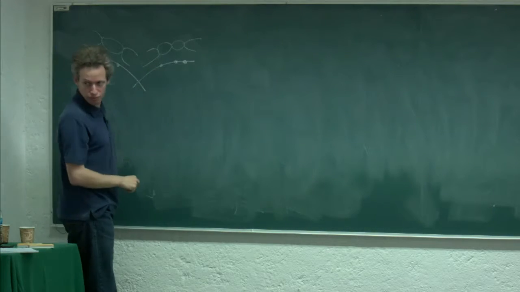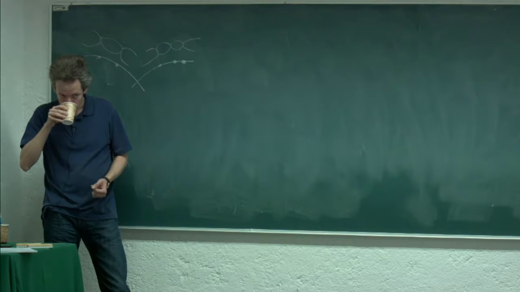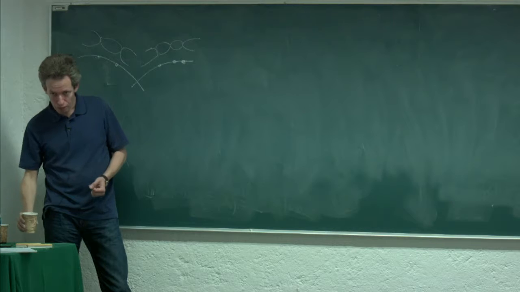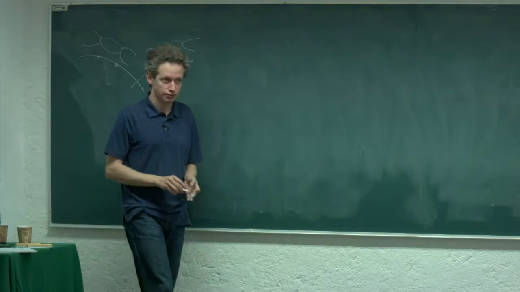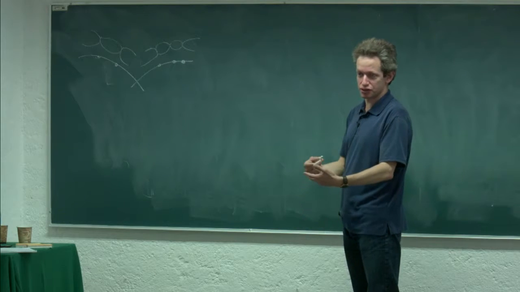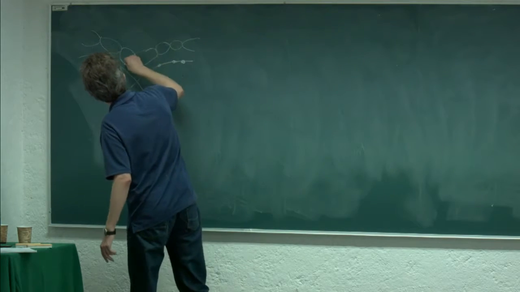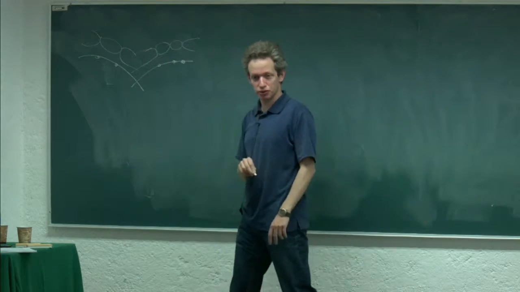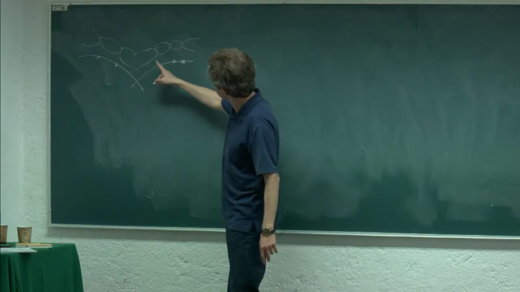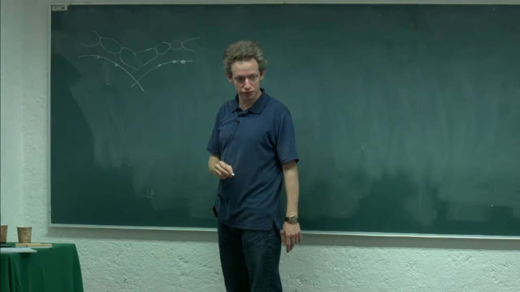And now what do I do here? So it seems I have 2 choices. I can either just say that I'll glue these 2 things as nodes. This doesn't work so well, because in this case, on this side, I have a double cover of P1 which branches at 3 points.